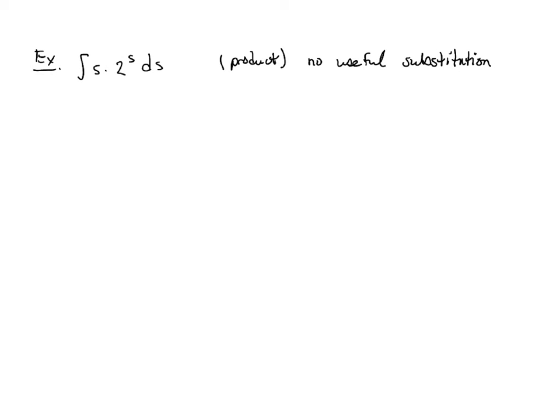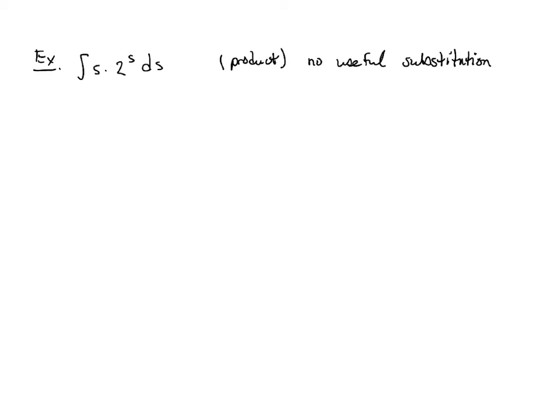And whenever you see a product of functions, this is always the first thing that you should check, to see if there's a good u substitution. U substitution, if it works, is your favorite, best technique for evaluating integrals. Here there is no useful substitution, so we're going to try integration by parts.